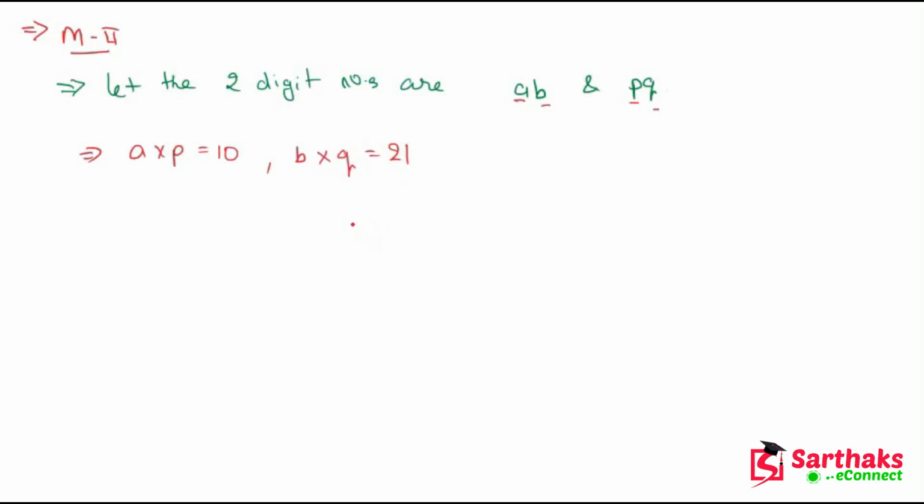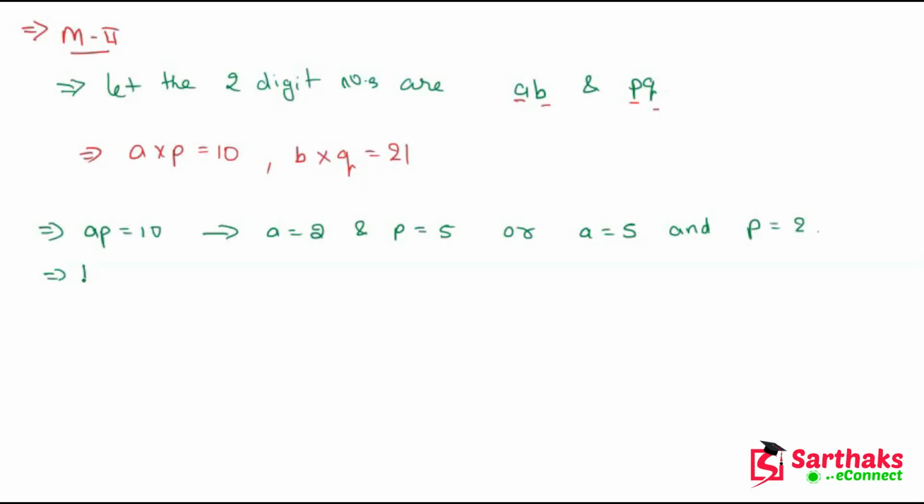Now we know that AP is 10, and the factors may be like A should be 2 and P should be 5, or A should be 5 and P should be 2. They are the cases. Got it?